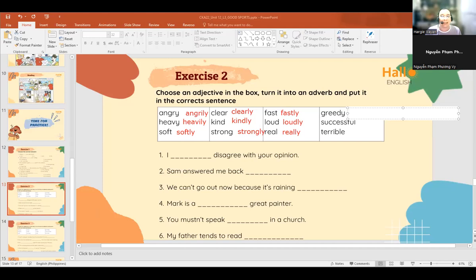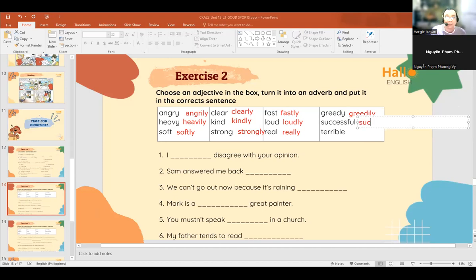The word greedy ends in Y, so we have to change the Y into I and add ly. So that becomes greedily, right? Okay. Can you see that? Greedily.